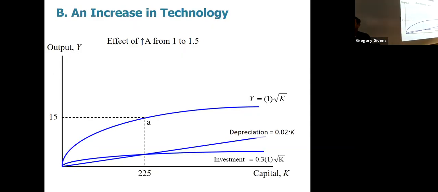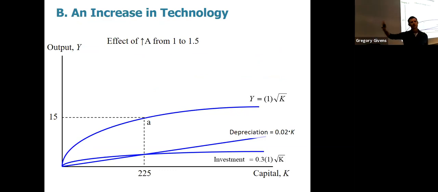Simple enough? Okay, so here's the second question I want to ask you. Let's suppose that there is a 50% improvement in the state of technology in our economy. We'll just describe that as a move in A from 1 to 1.5. How does that affect the growth rate of this economy, both in the short run and in the long run?